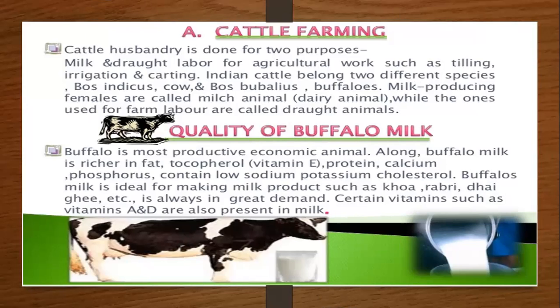Like human beings have different doctors, animals also have different specialists. They take care of the milk and its quality, because this milk is used by human beings and it directly affects human health.